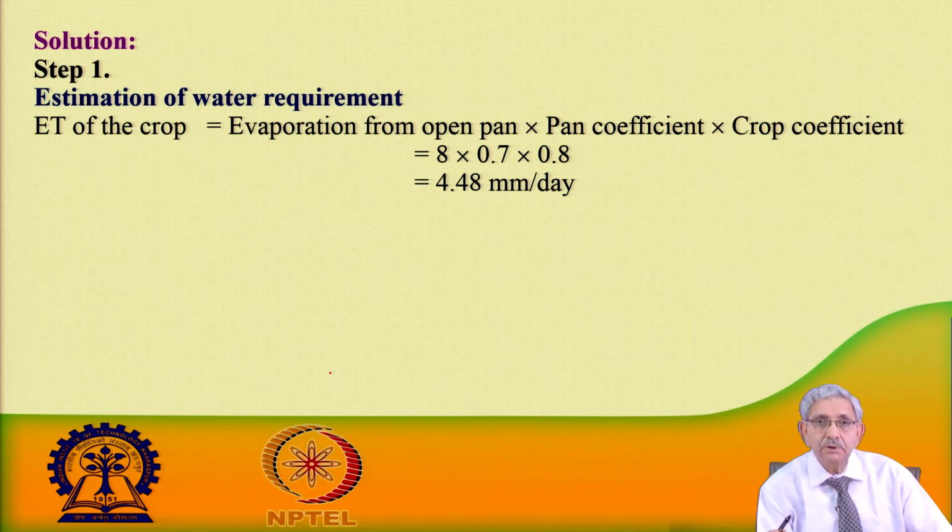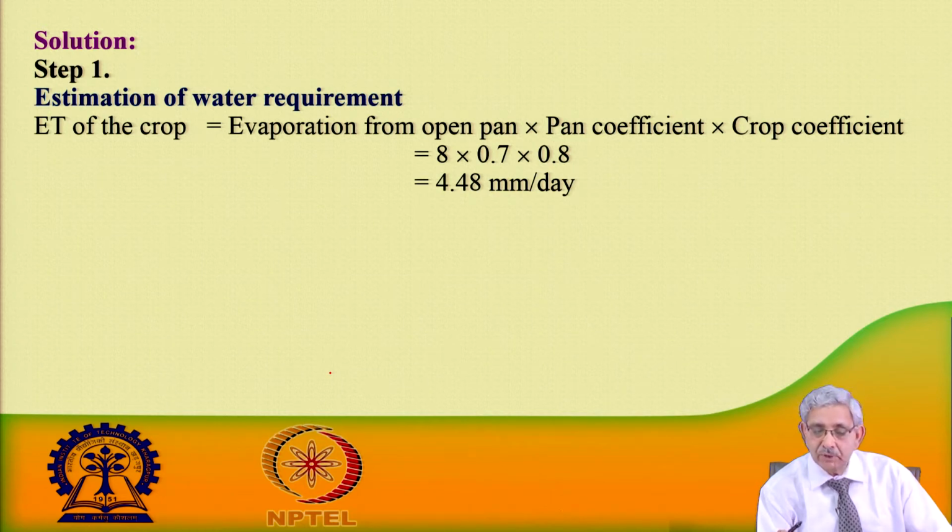When we come to the solution, the first point to be considered is estimation of water requirement of the crop. We will be estimating the ETc of the crop, which is the evapotranspiration requirement of the citrus crop, and it can be estimated from the pan data.